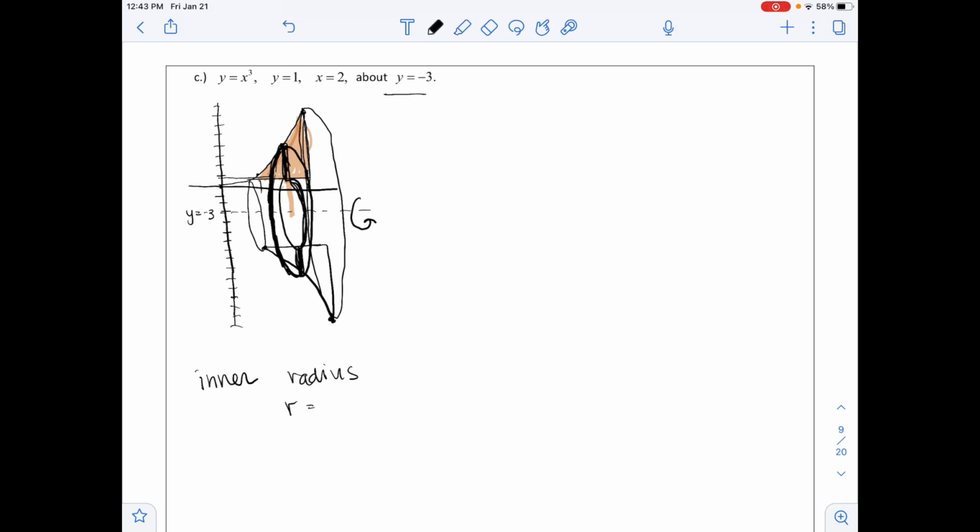That whole entire inner radius never changes, since we're dealing with a horizontal line as we rotate that around. And so our inner radius would be 1, which is the value that we're dealing with, minus the value that we're rotating around, which is -3, which works out to being 4. So our inner radius is 4, which you can literally count on your graph. You can count that that's 4 spaces there.